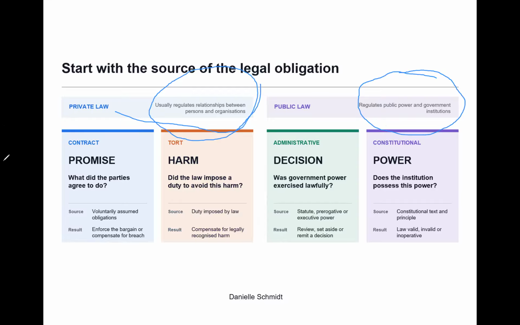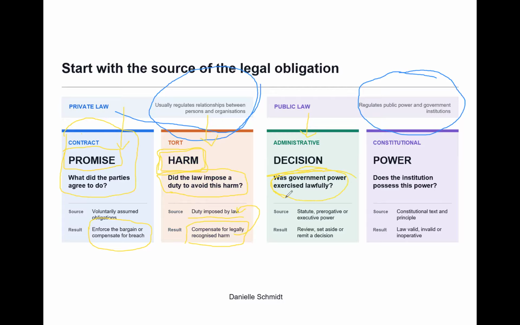Then for public law, we've got administrative law. Here we are looking for a decision made. Was the government power exercised lawfully? This will be the most likely problem question issue that would come up. If you see a government power and someone's questioning whether it's been exercised lawfully or not, that is an administrative decision.